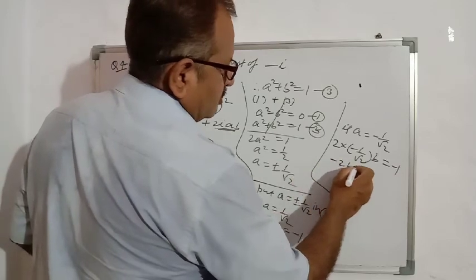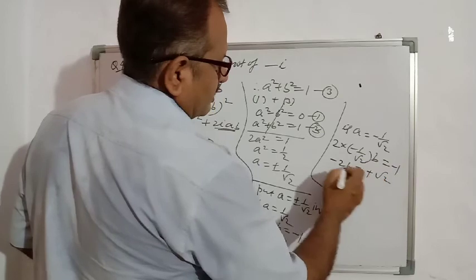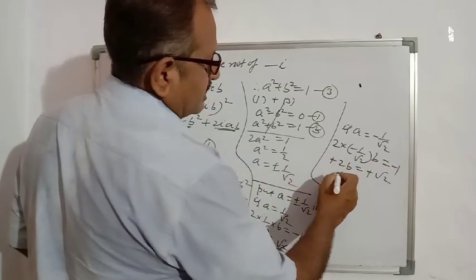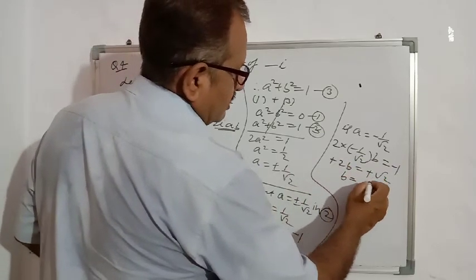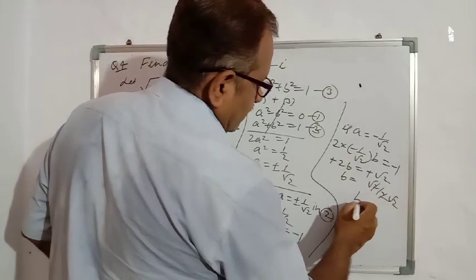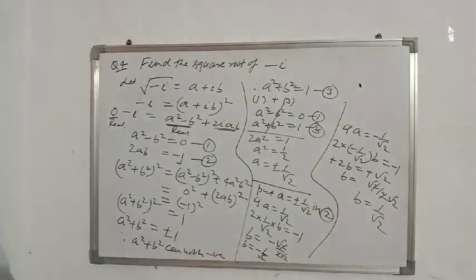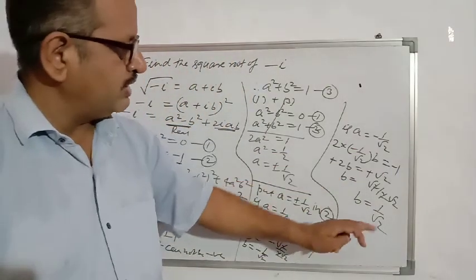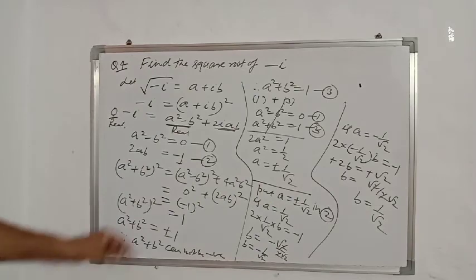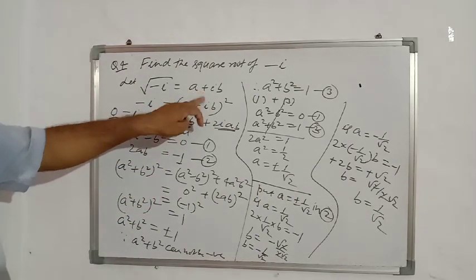So minus 2b is equal to minus root 2. We can remove the minus sign from both sides. What will be b? Root 2 upon 2. Cancel it. So the value of b is 1 by root 2. So if a is minus 1 by root 2, b is 1 by root 2. We will put these values of a and b to find the square root.